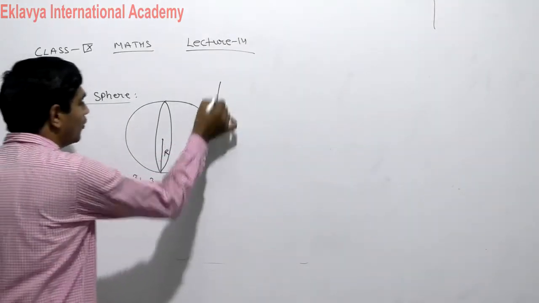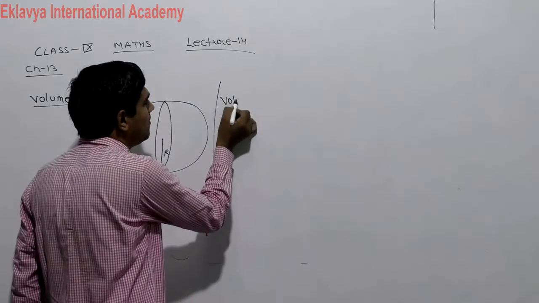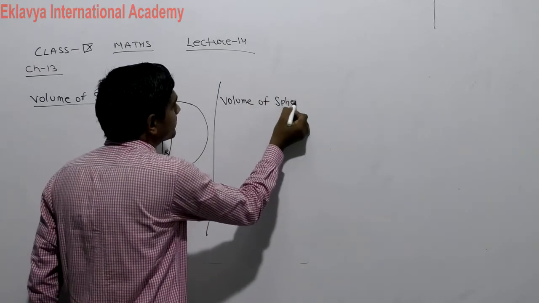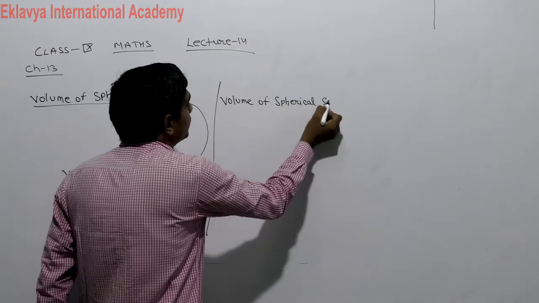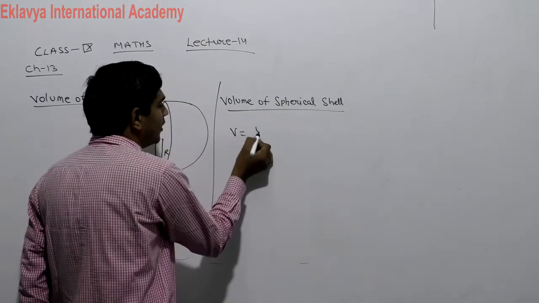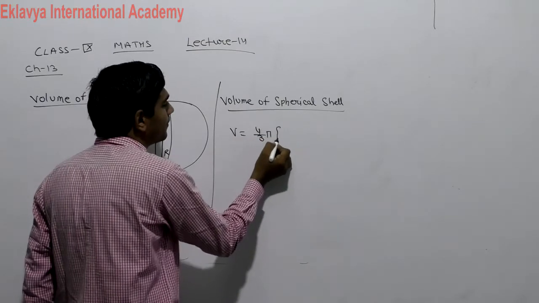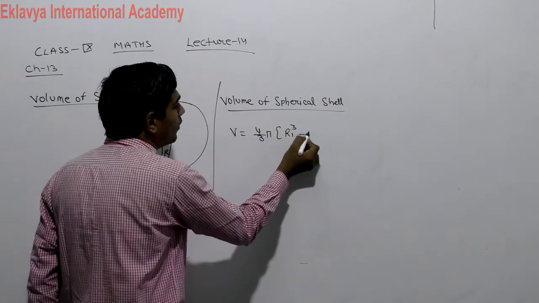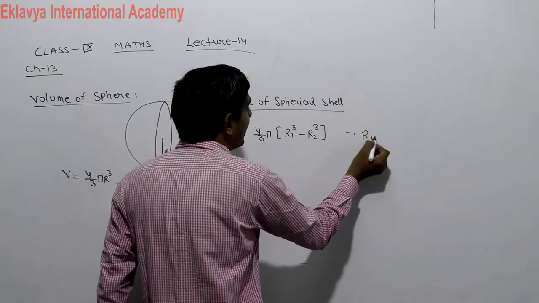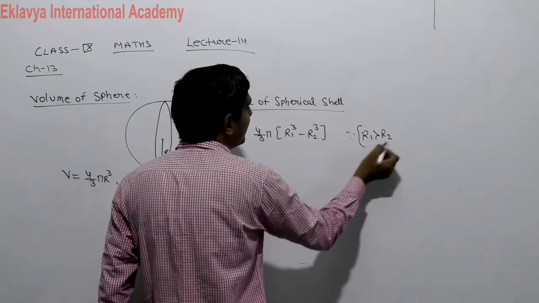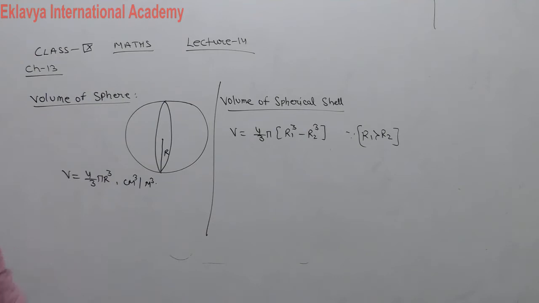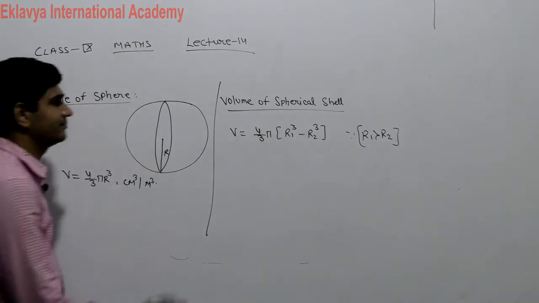So what is the volume of the spherical shell? It is equal to 4 upon 3 pi, r1 cube minus r2 cube, where r1 is greater than r2. r1 is the external radius and r2 is the internal radius.